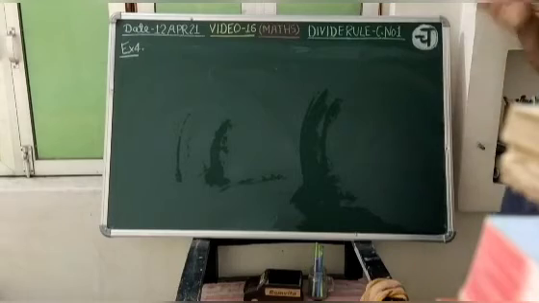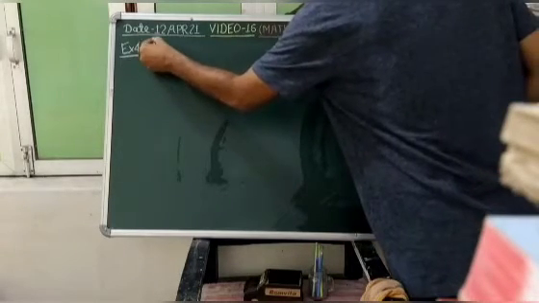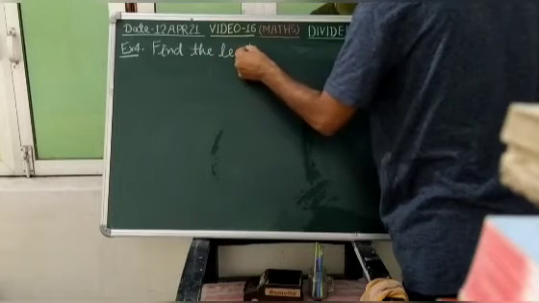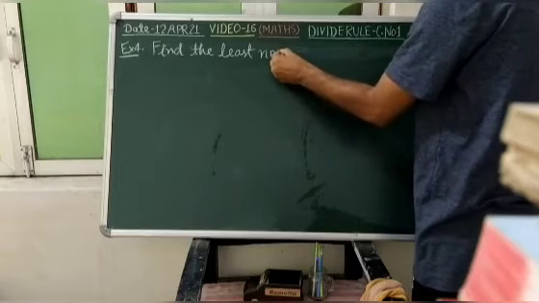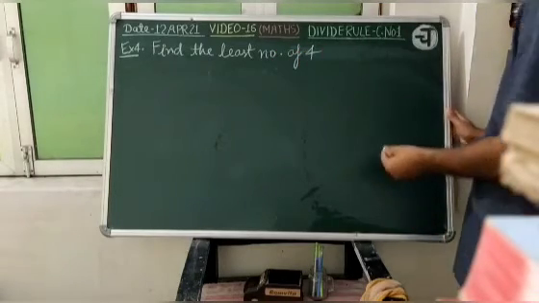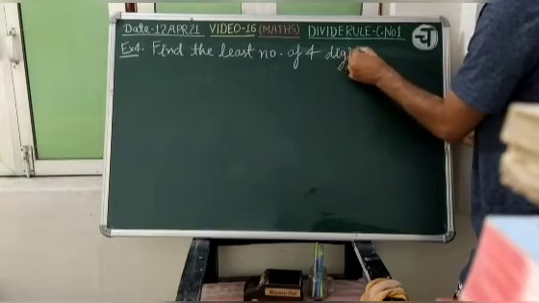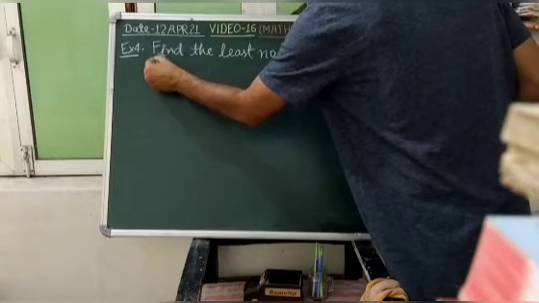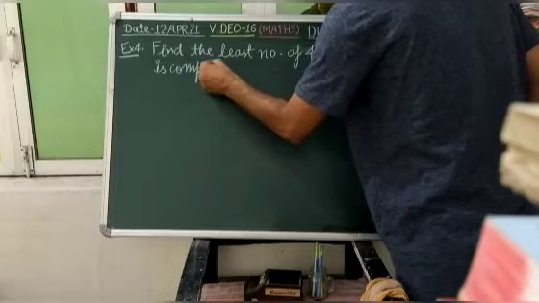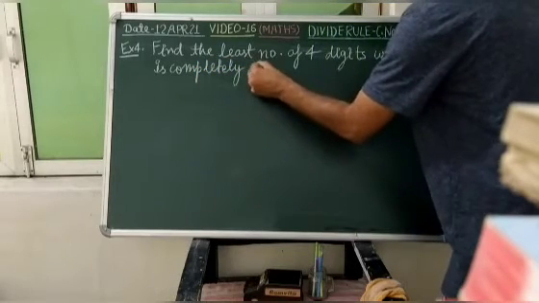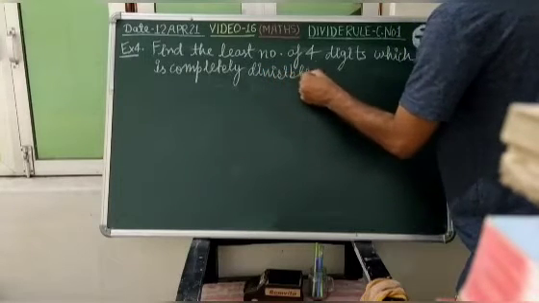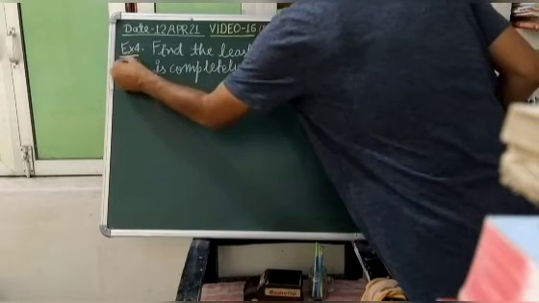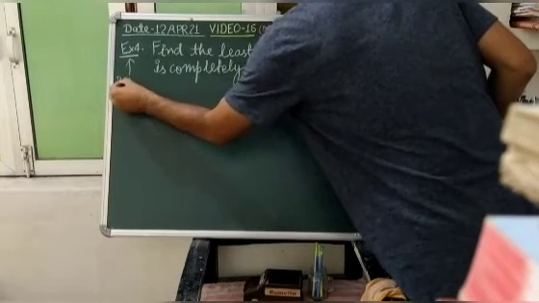Our example number 4 is saying find the least number of 4 digits which is completely divisible by 31. It is your previous year problem.